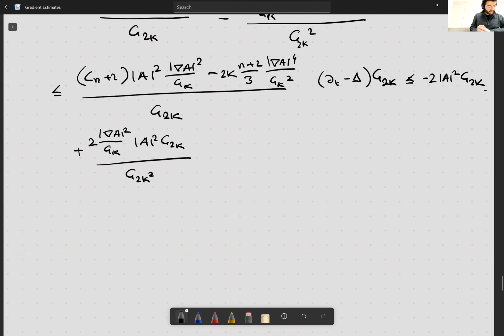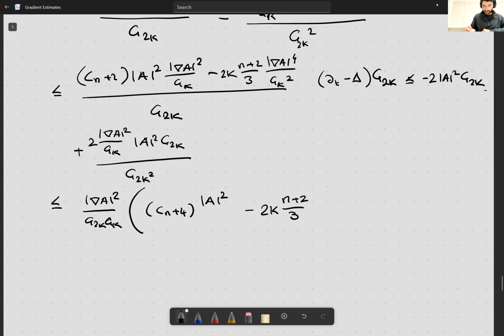So we can simplify this all and factor out everything to get less than or equal to nabla A squared on G2K GK times Cn plus 4 A squared, yep, minus 2k n plus 2 on 3 nabla A squared on GK.